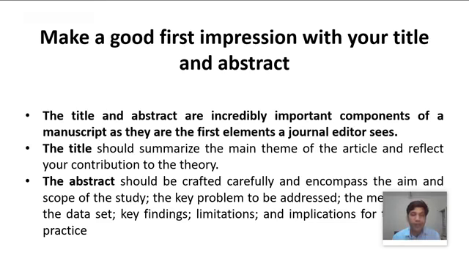The title should summarize the main theme of your article and reflect your contribution to the theory. The abstract should be crafted very carefully, and it comprises the aim and scope of the study, the key problem to be addressed, the methodology used, the data set, the key findings, any limitations, and implications for theory and practice.